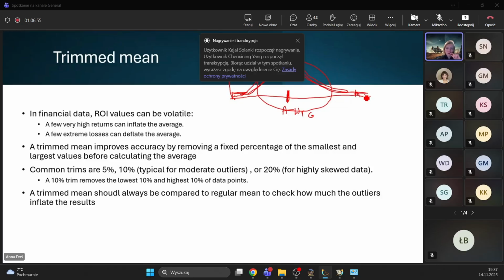So if we observe the historical returns for gold and we see that there are extreme negative or extreme positive outliers, we might ask ourselves a question: will this happen again in the future?